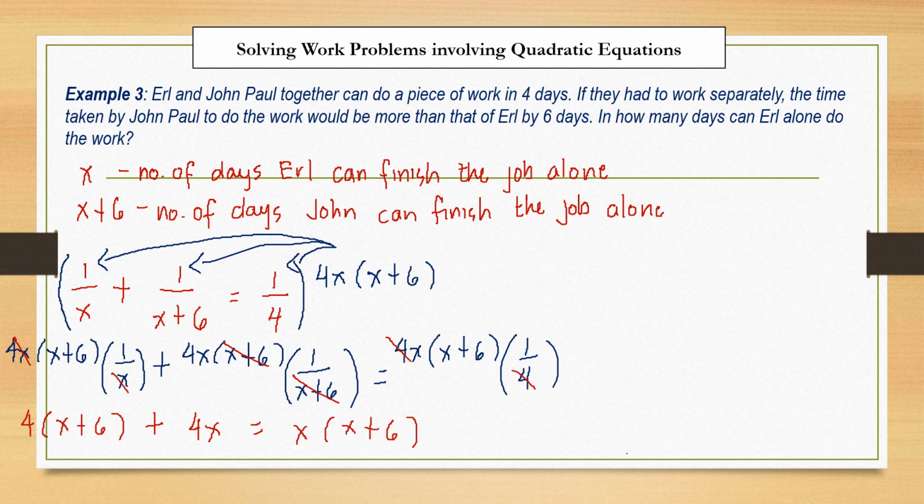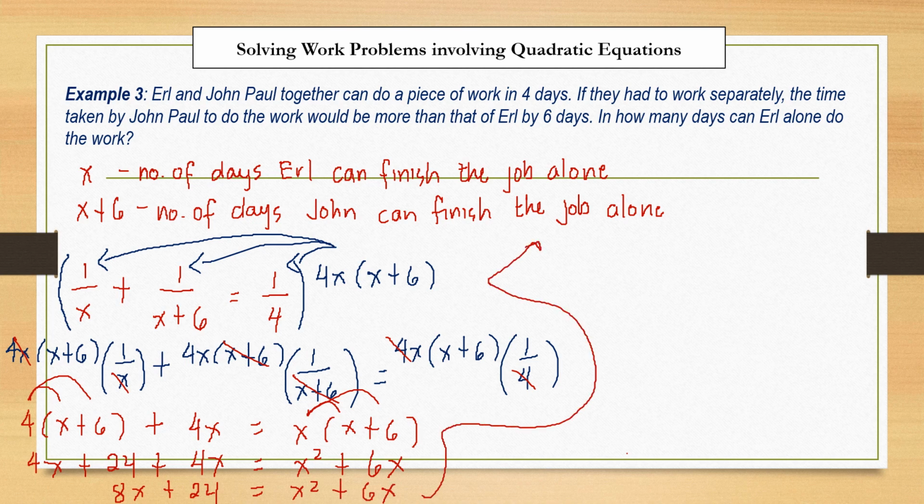By distributive property, we have 4x plus 24 plus 4x is equal to x squared plus 6x. Combining like terms, we have 8x plus 24 is equal to x squared plus 6x.